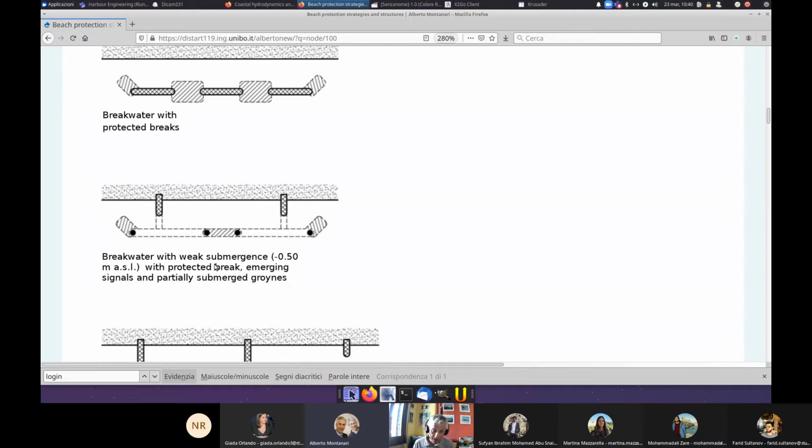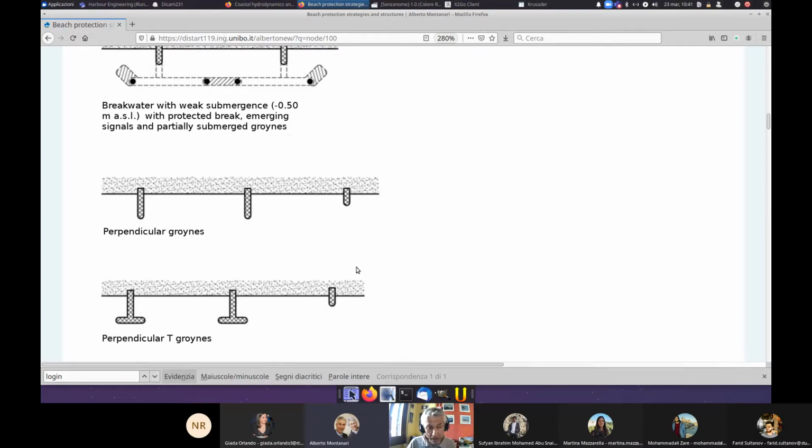So in this case, we have a combination of groins with breakwaters. Breakwaters are submerged. We adopt submerged structures when we want to limit the visual impact. It's a solution for creating more environmentally friendly interventions.